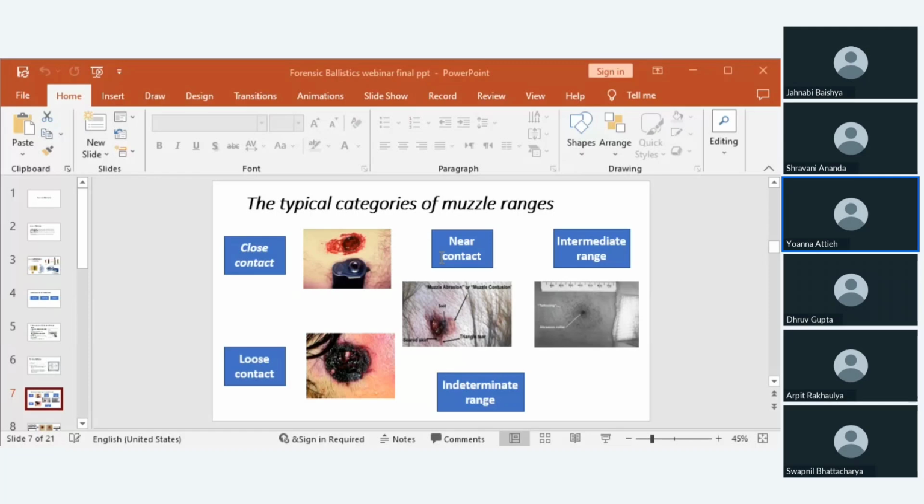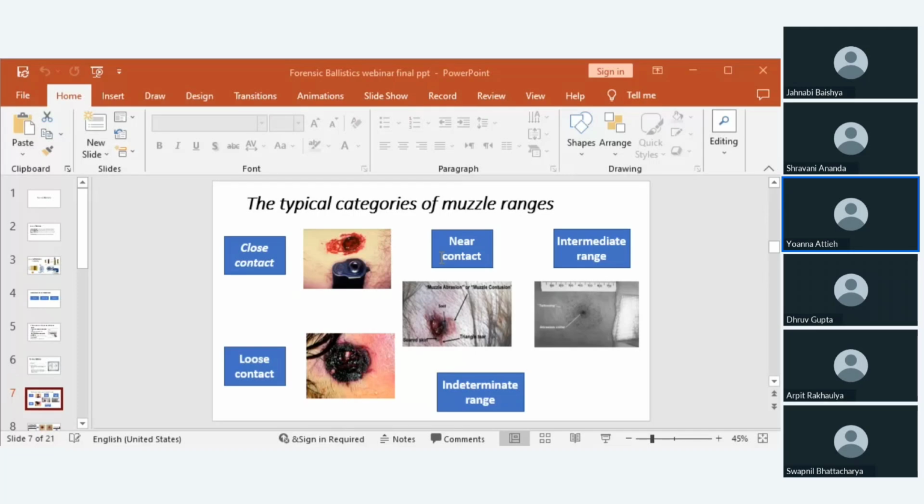Now, talking about intermediate range, this range typically refers to a distance between 5 and 40 inches. At this distance, the shot may still leave a characteristic wound, but there will generally be no burn marks or even powder residue around the entrance wound. And finally, we have the indeterminate range.